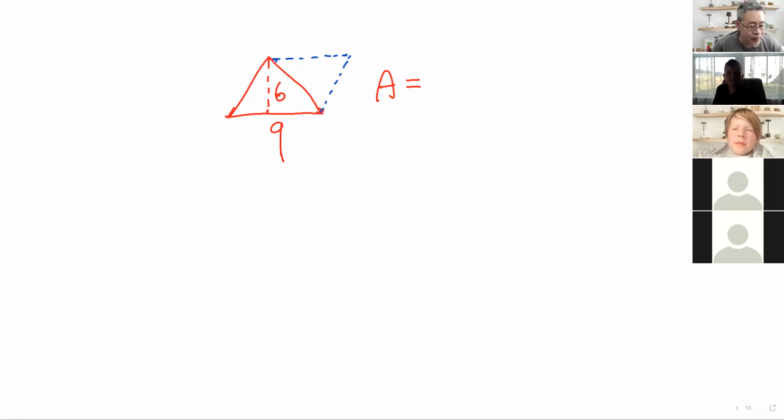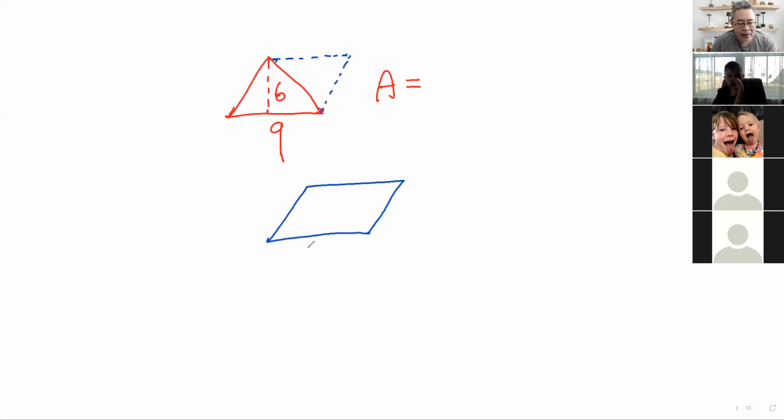Hello, Mia. Do you need more time? Okay. Well, remember how we do a triangle. A triangle is half of a parallelogram. And we know how to do a parallelogram. For a parallelogram, the formula is base times height. So therefore, the area will be half base times height. Our base is 9, our height is 6. Remember, the height is always perpendicular to the base.